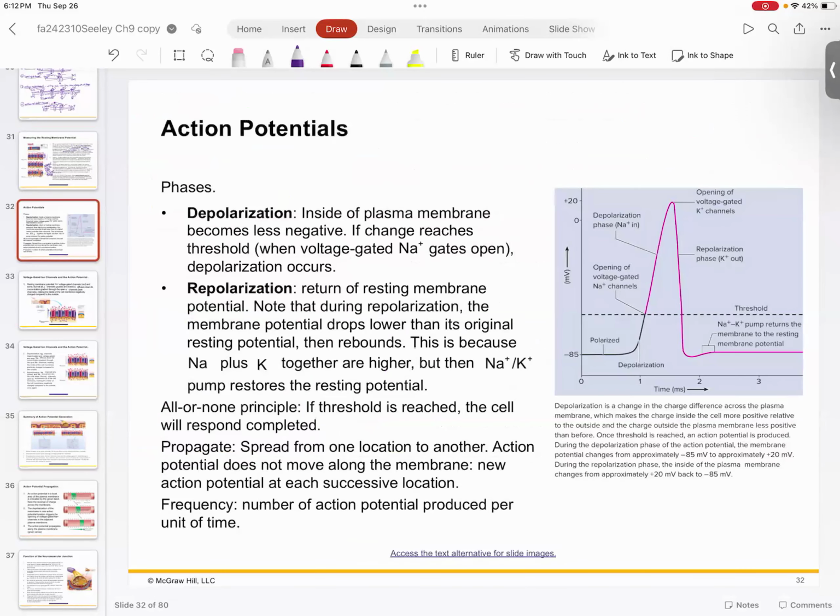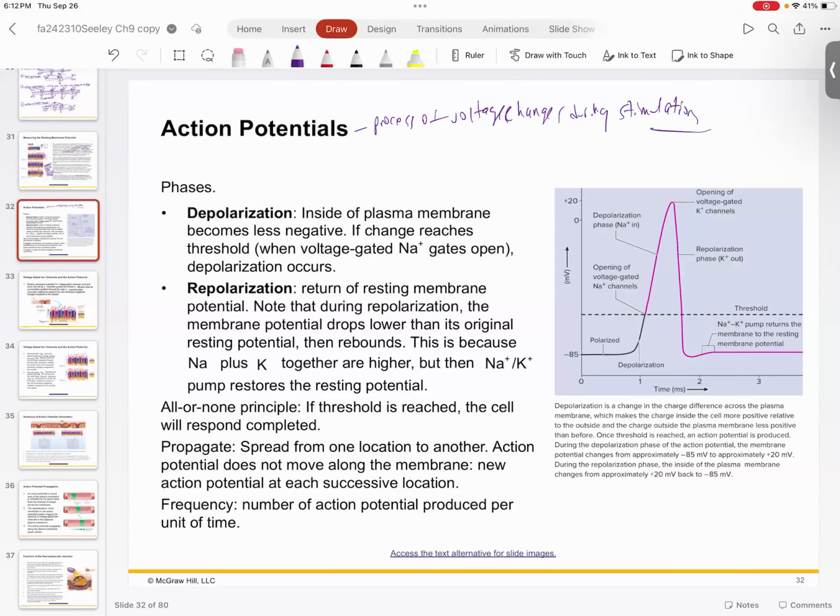Okay. Now let's go ahead and take a look at action potentials. Just want to sketch out a couple of things here. First of all, an action potential is essentially a change in voltage over time. This is basically the process of your voltage changes during a stimulation event.